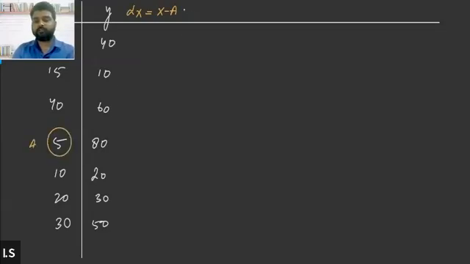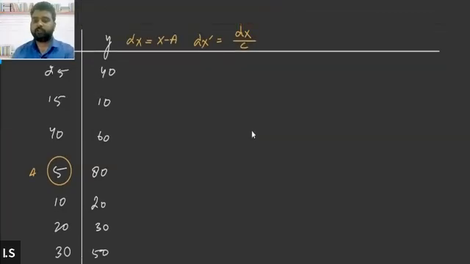After calculating dx, what will I be doing after that? dx'. Okay. And for that purpose, I have to divide the entire dx by the common factor, correct? I'll be taking the common factor from the values of dx. After finding dx, I'll be calculating dy, right? Yes.